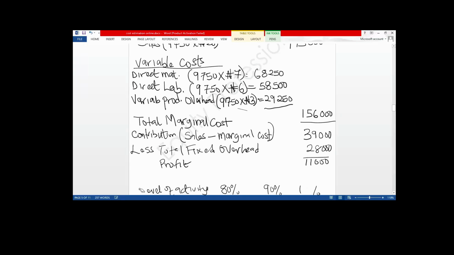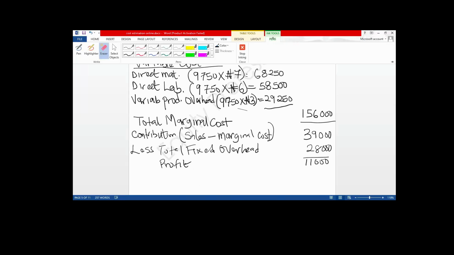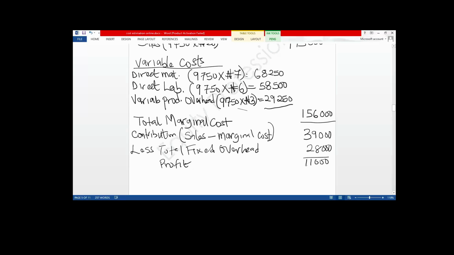Let's take this off to remove confusion. So we can move to Ikeja now. Let's look at Ikeja.